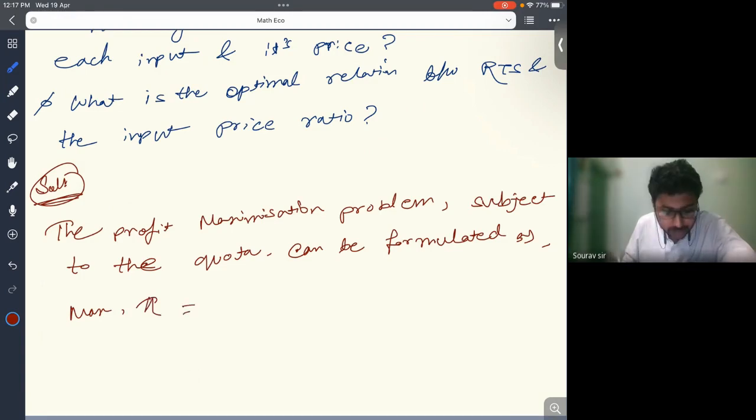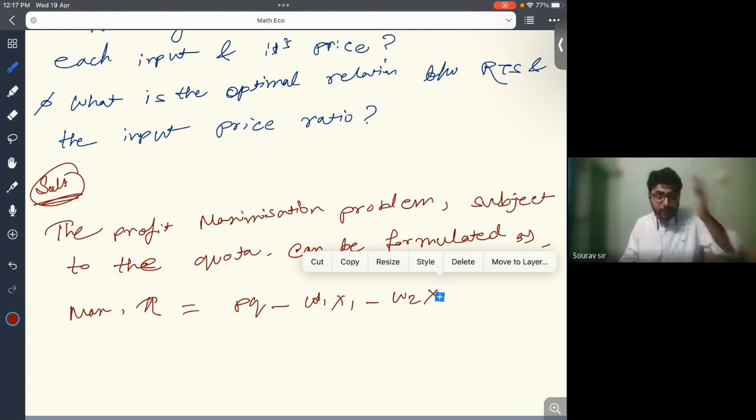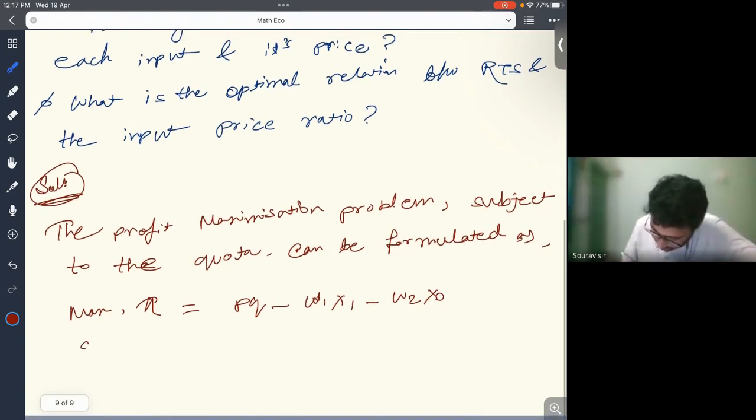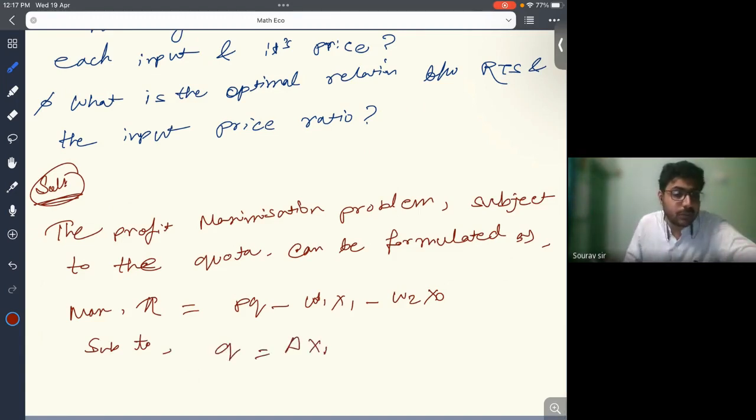Maximize profit, that is equal to PQ minus W1 X1 minus W2 X2. The constraint equation is that Q is equal to A X1 to the power alpha into X2 to the power 1 minus alpha.